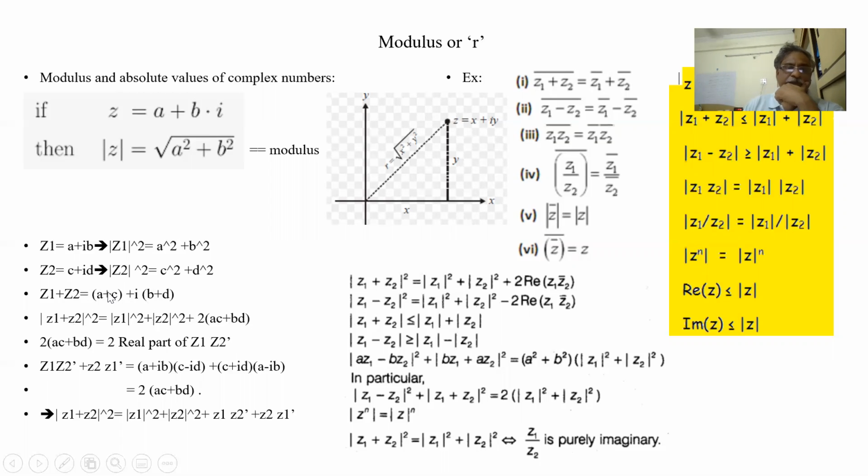You see here, this is A square plus C square plus 2AC. So A square is there, mod of Z1 square. C square is there, mod of Z2 square. So A square plus C square I converted as mod of Z1 square. Again B square plus D square.